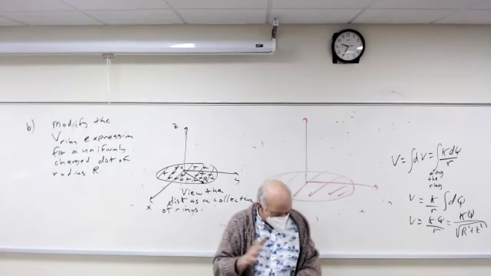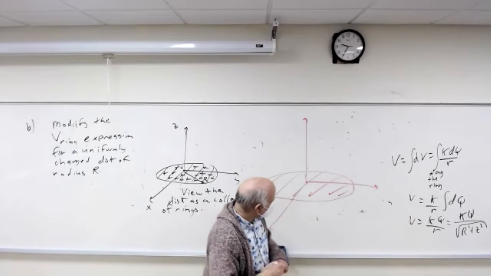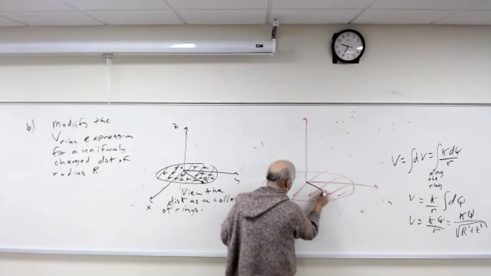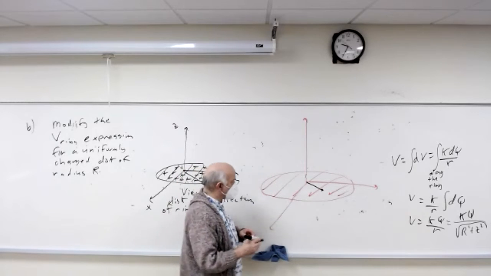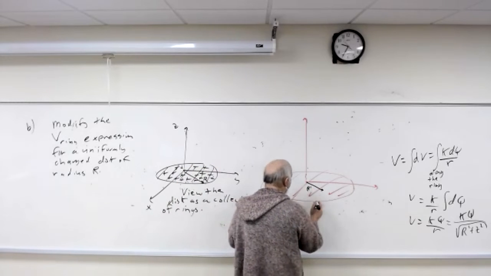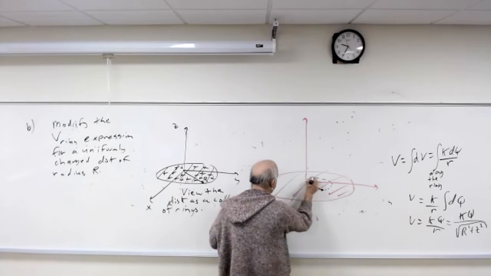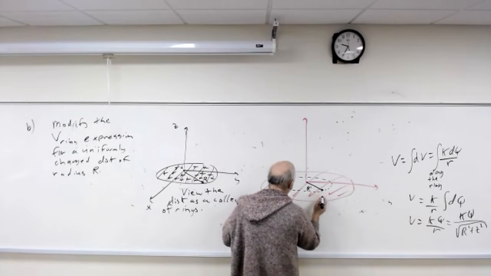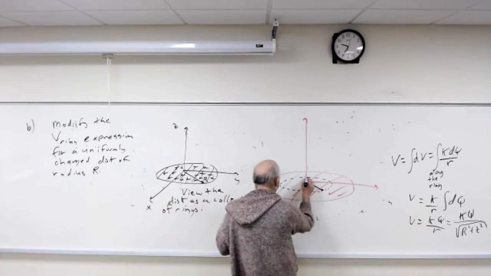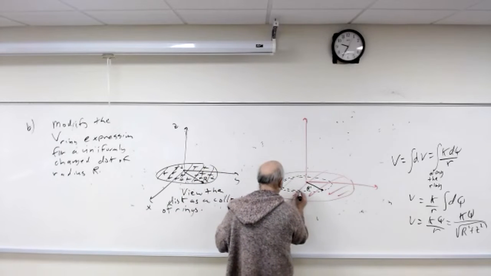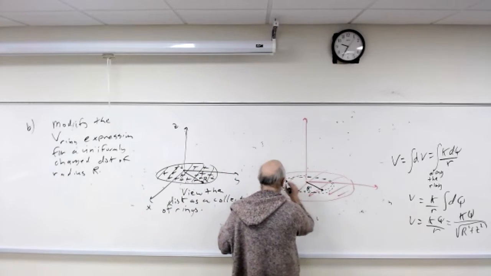So the first thing I want to do is come over here, and I'm going to come out with some radius here. What will I call that radius? R prime. Then I'll draw a little ring, like this. And what will I give my little ring? A thickness. I'm going to shade it in.